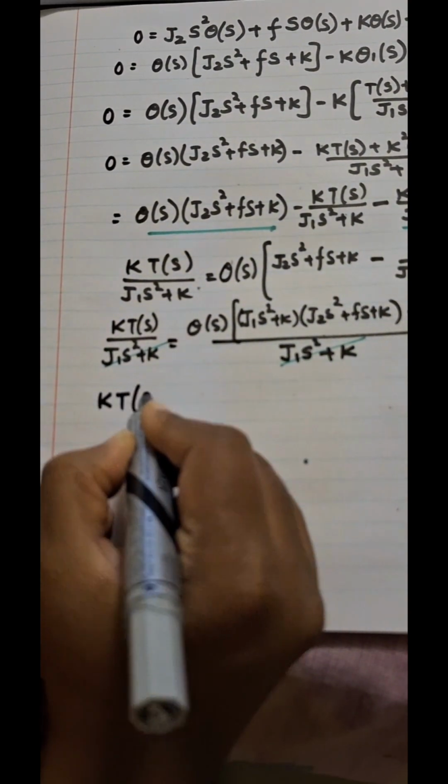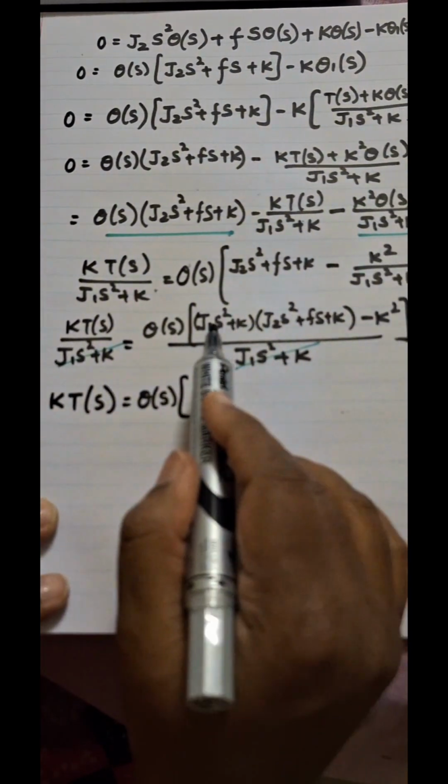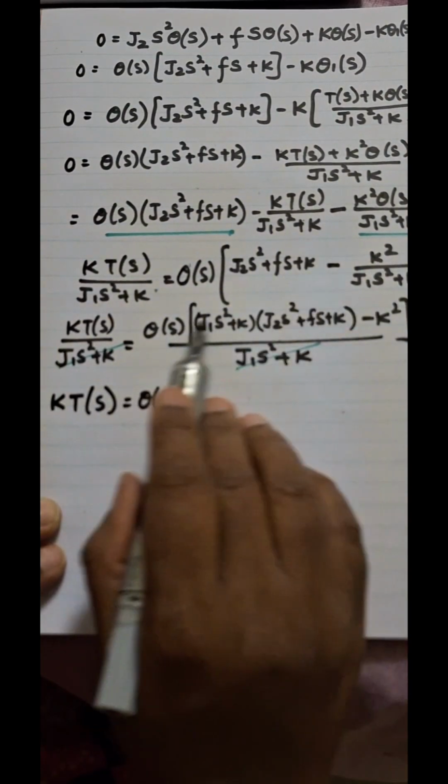K T of S is equal to theta of S into, in numerator or denominator any multiplication shouldn't be there. So let me just multiply.